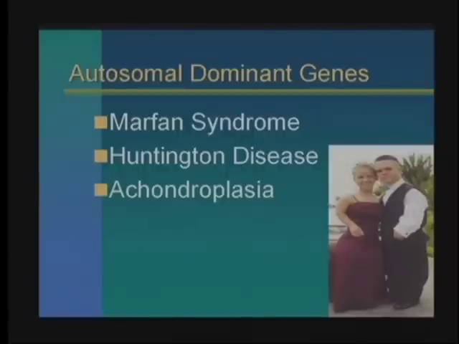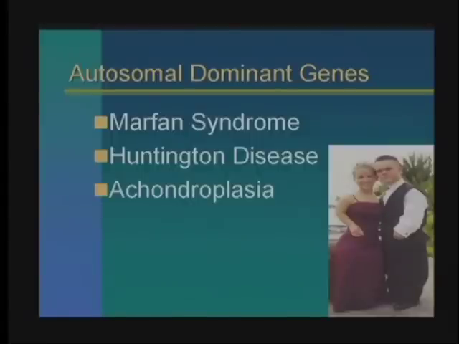And being an autosomal dominant gene, this means if one parent possesses the gene, there will be a 50% chance of passing it on to your offspring. Okay. They think that in most cases, achondroplasia is the result of a spontaneous mutation, because many times people who do not carry this gene will have a child with achondroplasia.